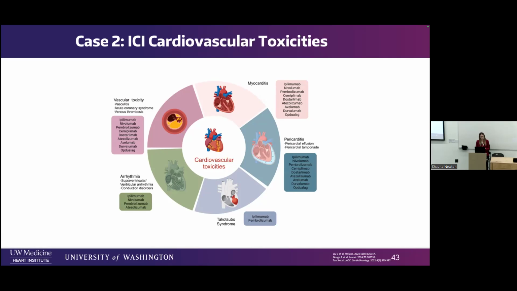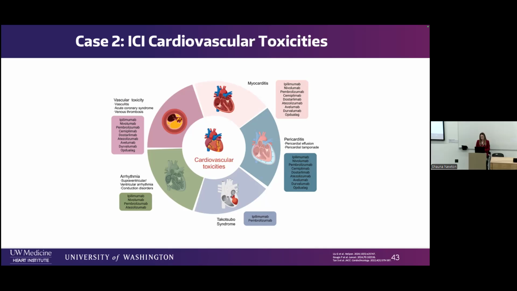Normally we have receptors on our cells that tell the immune system that we're a native cell and please don't activate the immune system against me. These drugs inhibit those receptors, and therefore you increase immune system activation, and that can lead to a whole host of complications and toxicities.